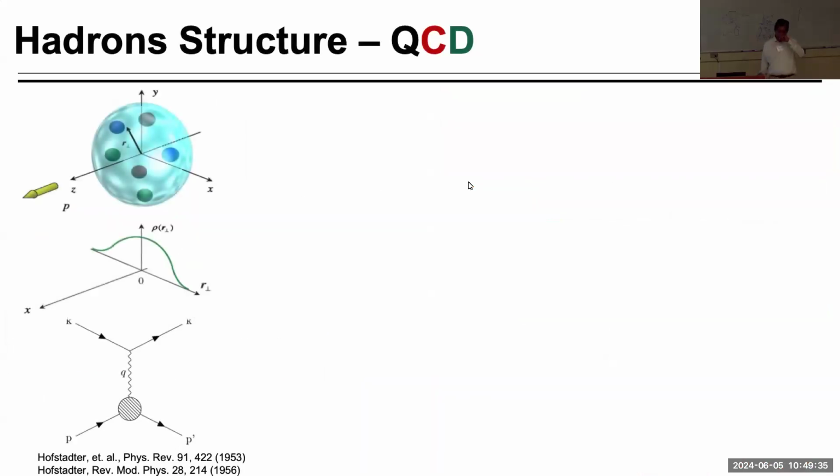Now, about the structure of these: how do we understand the structure of hadrons? We have had very nice talks about the internal structure of hadrons. In particular, here we are talking about the pion and kaon. One of the first experimental works, after Rutherford's experiment, in which we were taking the nucleon as a point particle, was Hofstadter, who started his experiments in the early 1950s and tried to see the deviation from considering the heavy nuclei as point particles, and that tells us roughly the size of these nuclei and what the charge distribution is.